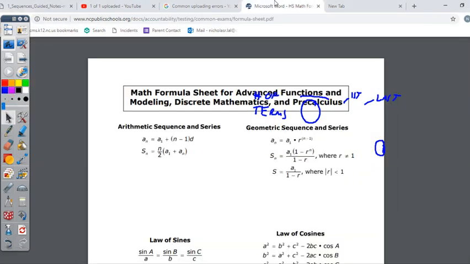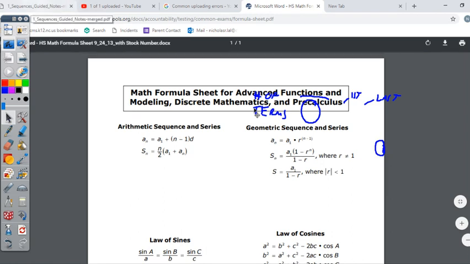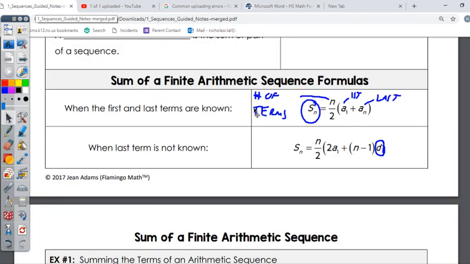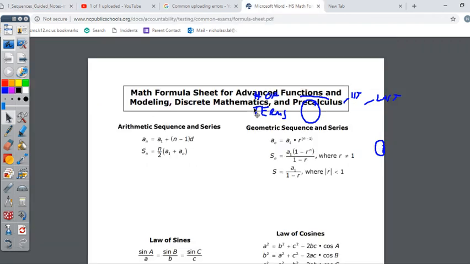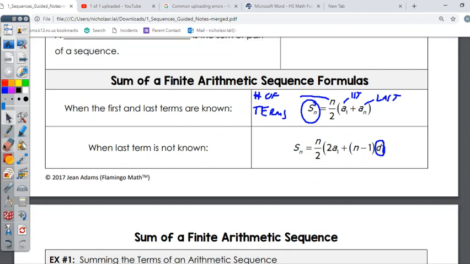And once again, I want you to make a note that you have some of the formulas in your formula sheet, but not all of them. What I'm going to have to do for formulas is that during review week, I'm going to have you create a formula sheet.